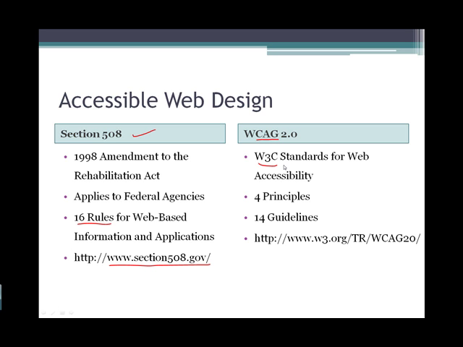So they also have the WCAG, and those are categorized in 4 principles with 14 guidelines, which I will show you at the end of the presentation. And of course, you can go on the web and find these at www.w3.org/tr/WCAG20. Okay, let's start looking at Section 508 and then we'll finish up with WCAG at the end.